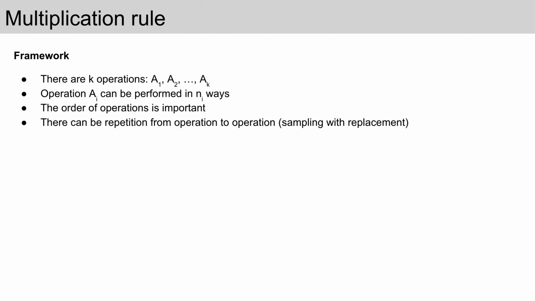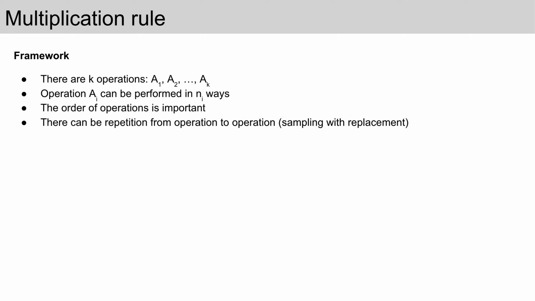In general, these examples have established the multiplication rule. The framework is as follows. The scenario of interest can be broken down into K operations, A1, A2, on up to AK. Each operation Ai can be performed in Ni ways, where Ni might differ by operation. For example, in making an outfit, we had 4 shirts but only 2 pants.